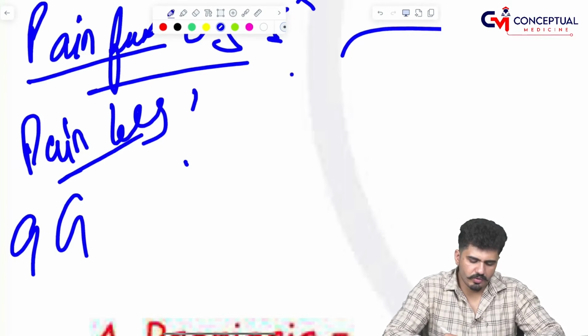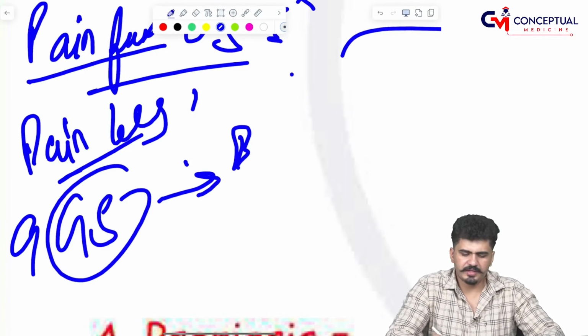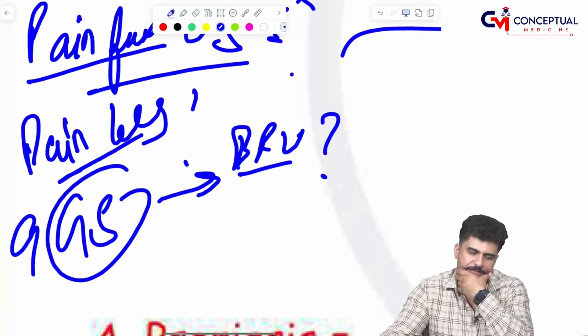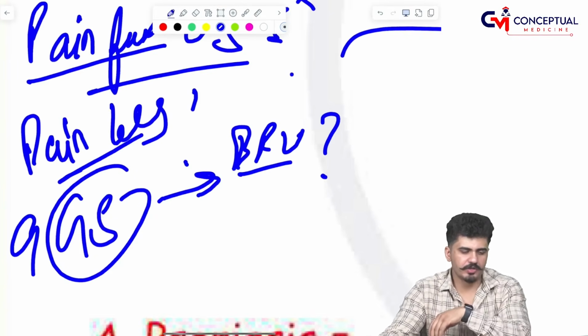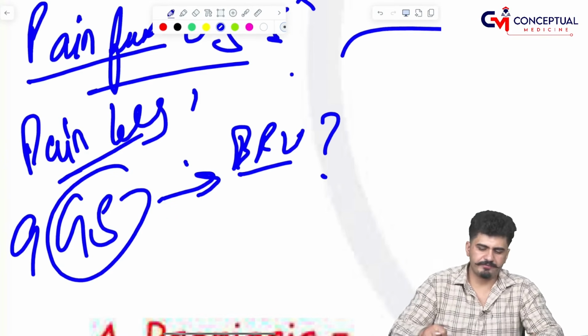Sir, groove sign is seen in LGV. Sir, beefy red ulcers which bleed on touch are seen in D se something, donovanosis caused by Klebsiella granulomatis. Very, very good. Sir, purulent white discharge is seen in gonorrhea. Very good.